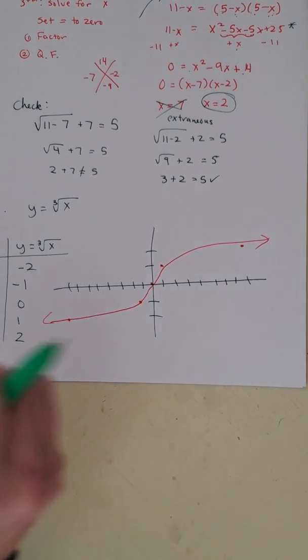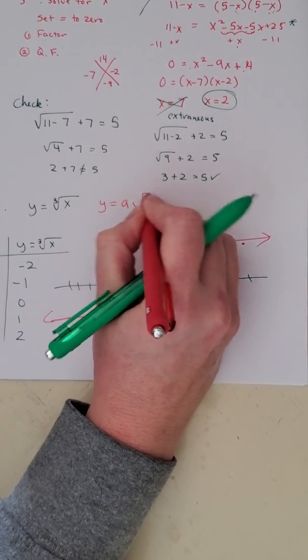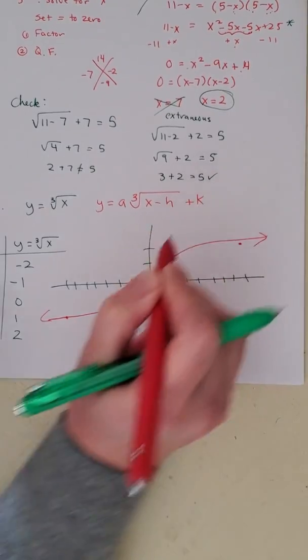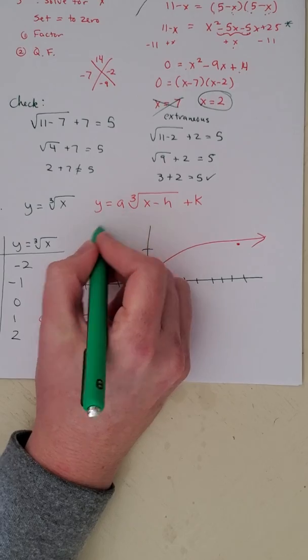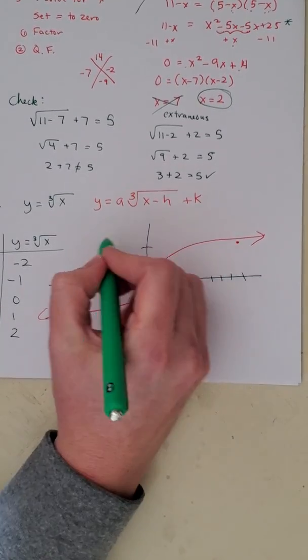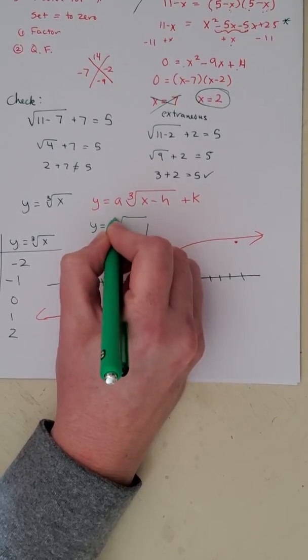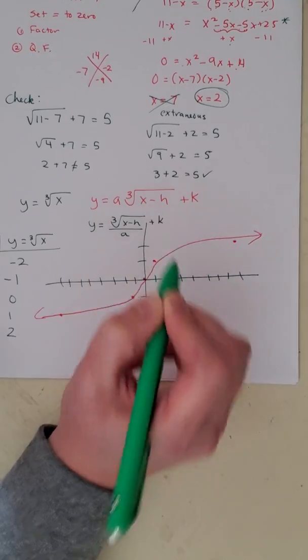Now, with the transformation, we would have a times the cube root of x minus h, and then plus k. Now they can write a in a couple different ways. They can write a out front, or if it was a fraction, they could write something like the cube root of x minus h, plus k, and then all over a right here.